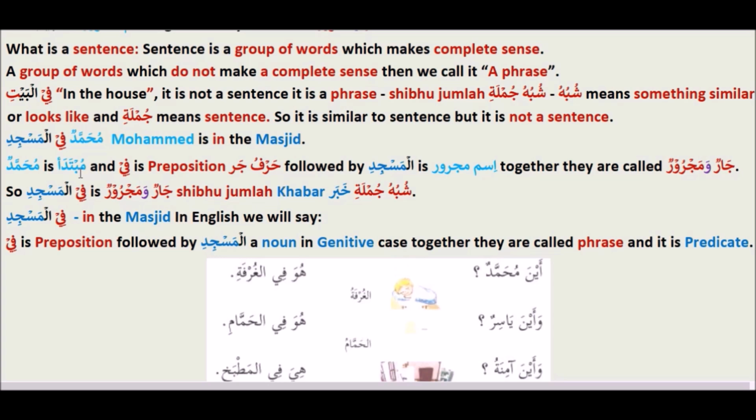Together with the mubtada and the shibhu jumla khabar, it becomes a nominal sentence. In English, you can say fi is a preposition followed by al-masjidi, a noun in the genitive case. Together they are called a phrase and it is a predicate.